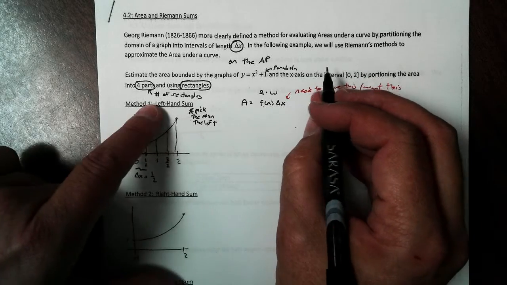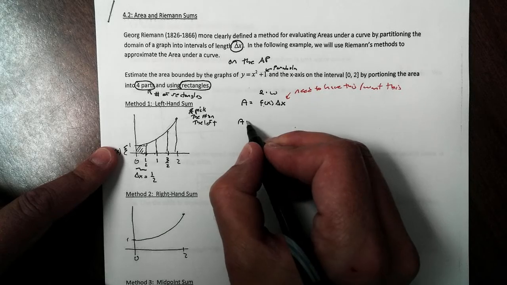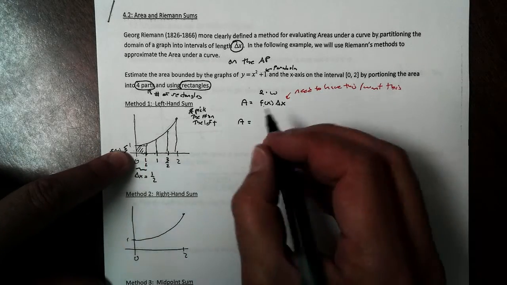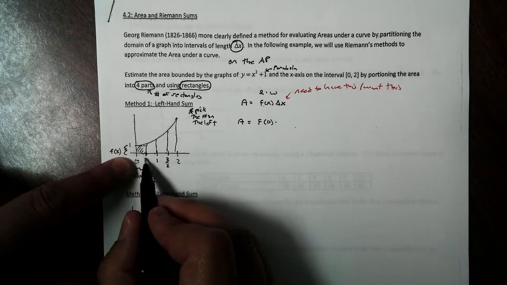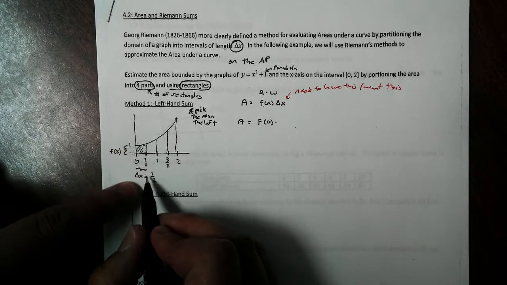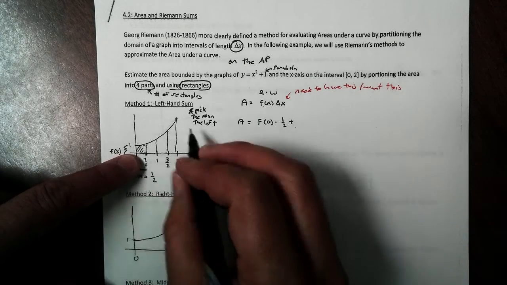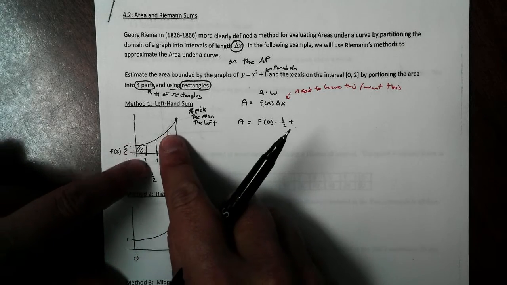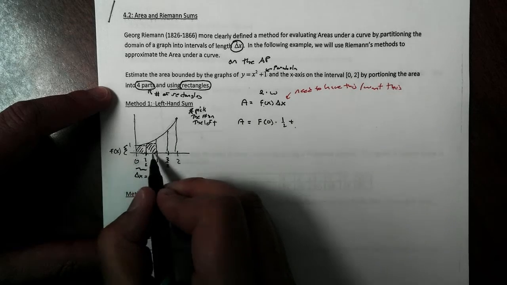Since I'm using the left-hand sum to get my area, between 0 and 1/2, I'm going to look at the value at 0 times the width. The width is just 1/2, plus, next, between 1/2 and 1, which one is on the left? That's the 1/2. So at 1/2, I find the height there and make my new rectangle.